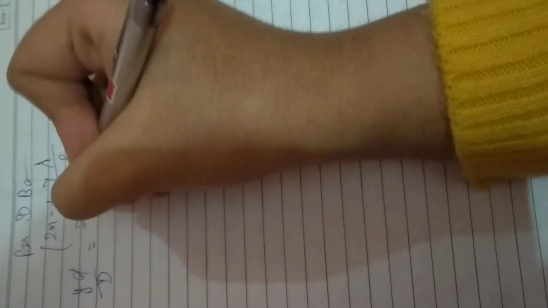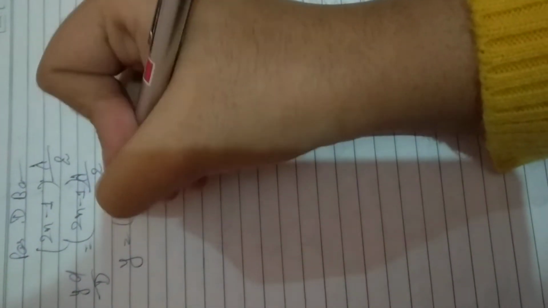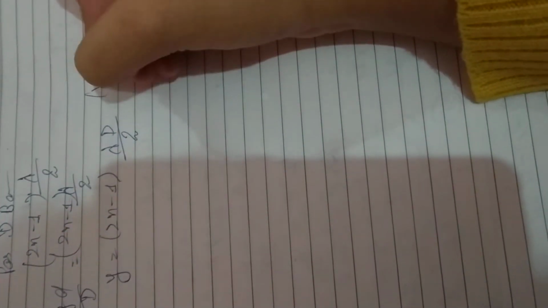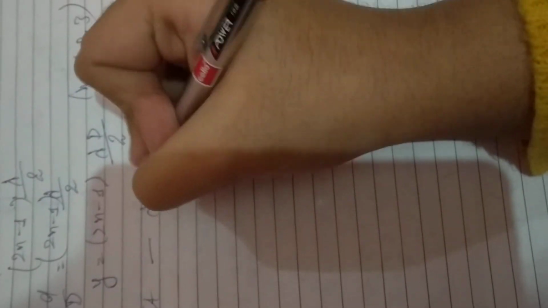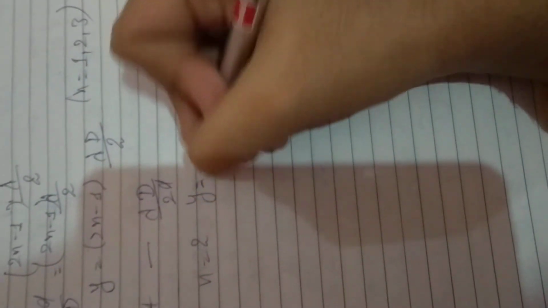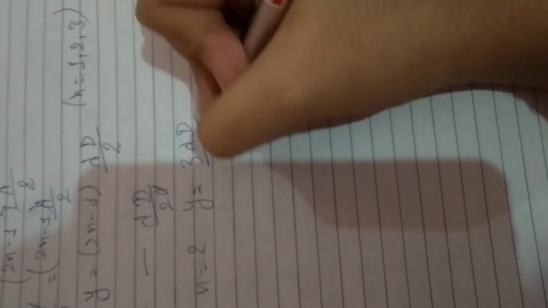So y d upon D is equal to (2n minus 1) into lambda by 2, so y is equal to (2n minus 1) lambda D upon 2d. Here n is equal to 1, 2 and 3. The position of the first band is lambda D upon 2d, and for the second band, when n is equal to 2, y is equal to 3 lambda D upon 2d.